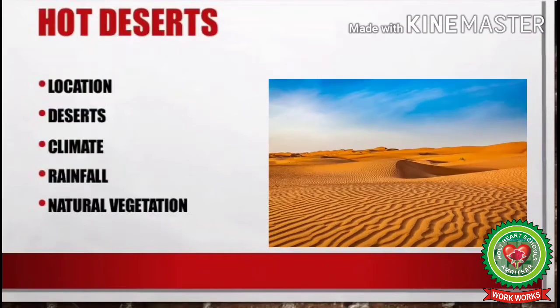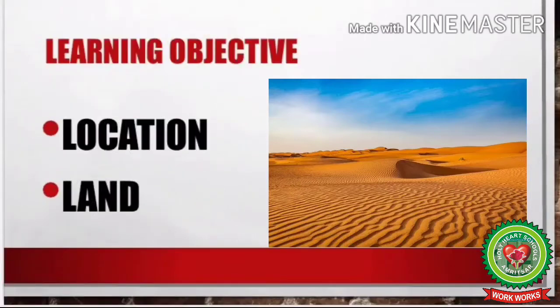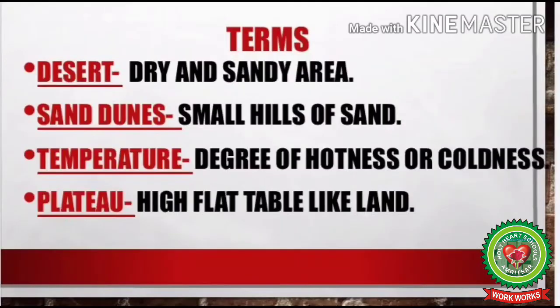In this chapter, you will learn about hot deserts on the basis of their location, climate, rainfall, natural vegetation, crops, wildlife, minerals, people, and specialty. Today, I am going to discuss location and land of Saudi Arabia.